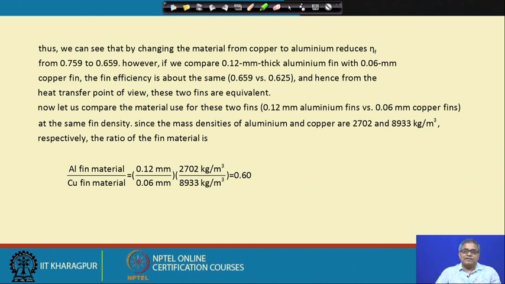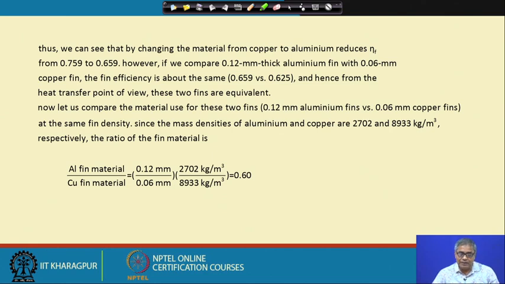That means, in one case we have used 0.06 millimeter thickness of fin, that is one design option, and on the other side we have another design option, a 0.12 millimeter thick aluminum fin, and the efficiencies are comparable.